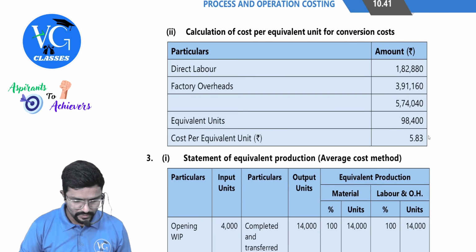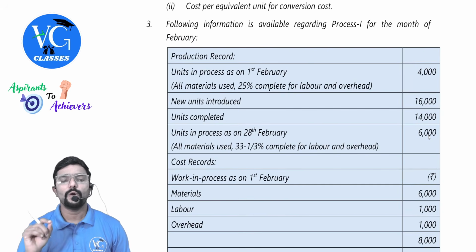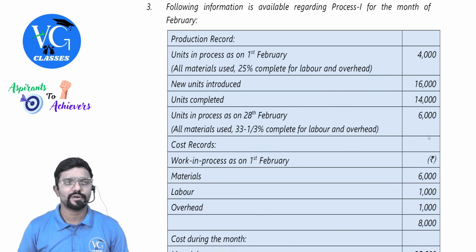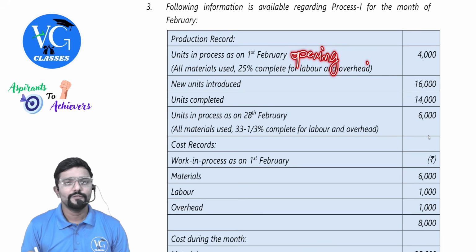Let us move to question number 3. Following information is available regarding process 1 for the month of February. Only process 1 data is given. Production record: units in process as on 1st February, that is opening, 4,000.